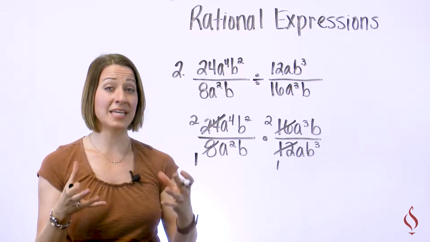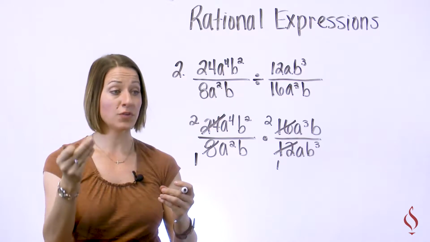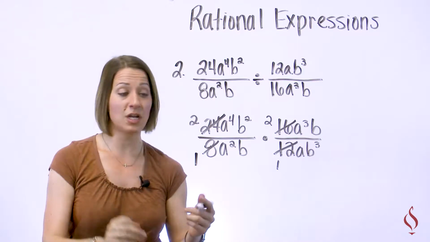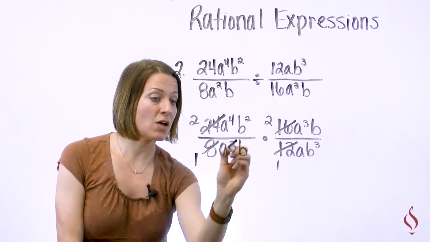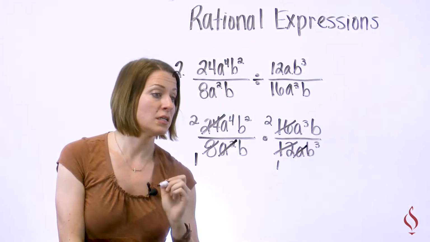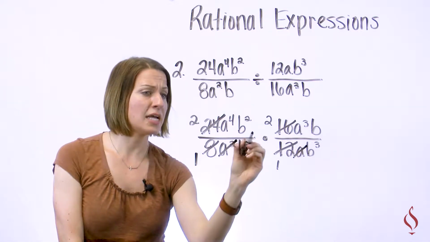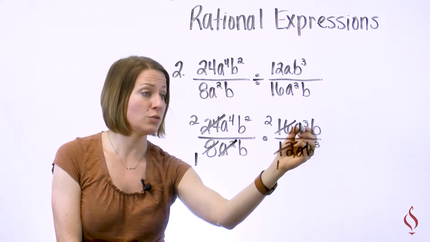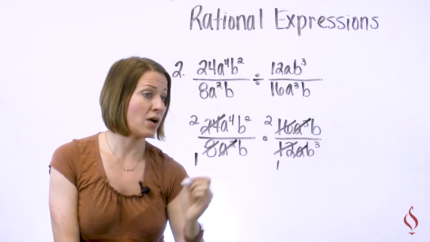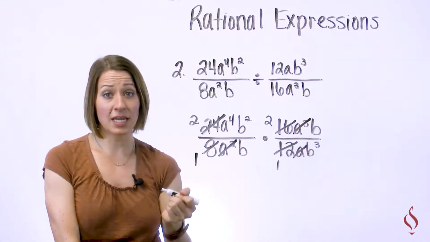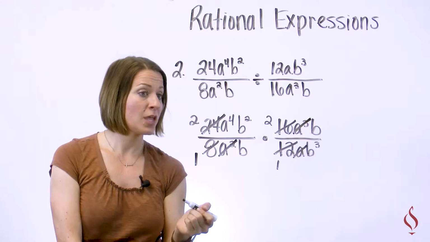So we can only take 3 A's from the numerator and from the denominator. That crosses out all of the A's in the denominator. And since this one is already A cubed, I'm going to just cross this one out. And that leaves us with this A to the 4th, okay?